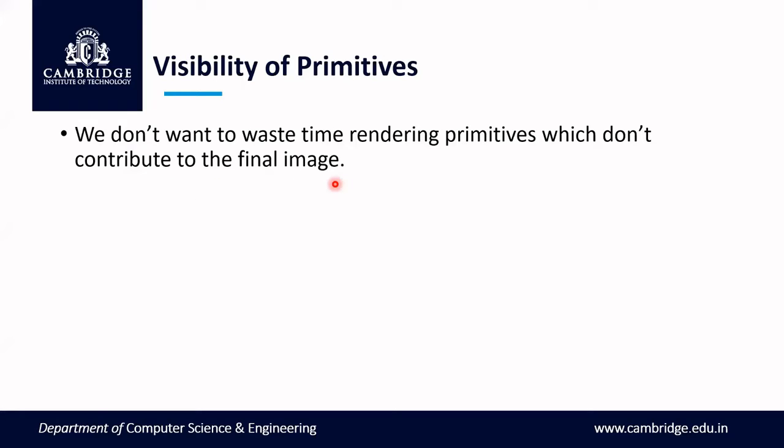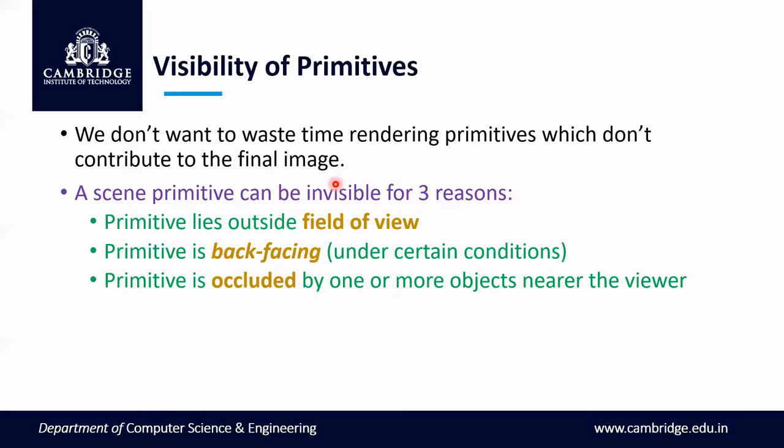At the time of projecting onto the final screen, which is nothing but a device, why will I draw all the primitives or images which are not seen? A scene primitive can be invisible for three reasons. What are the three reasons? Primitives lie outside the field of view, right?